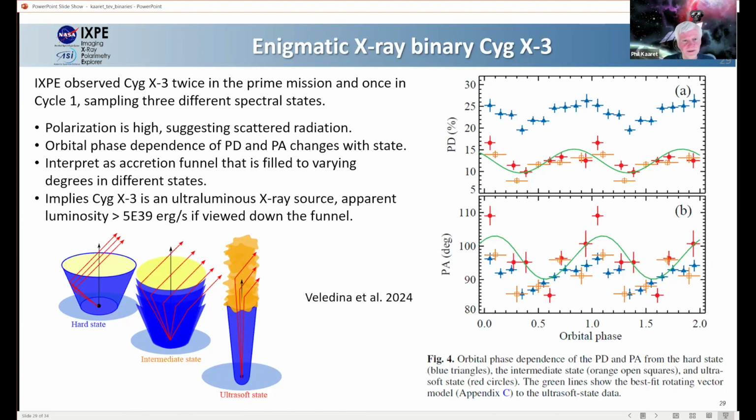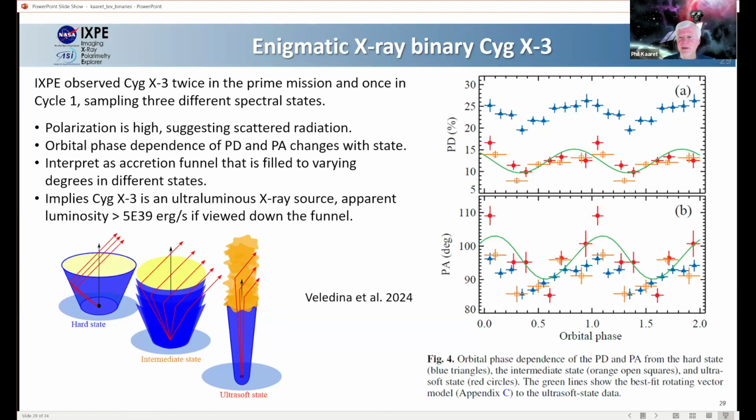In these pictures, the yellow would be the inner surface of the accretion funnel, and the blue would be the outer parts of the funnel. What we're seeing is emission from the central regions that's then reflected off the inner edges of that funnel. Okay, and so the IXPE results are shown over here, where this is the orbital phase of Cygnus X3.